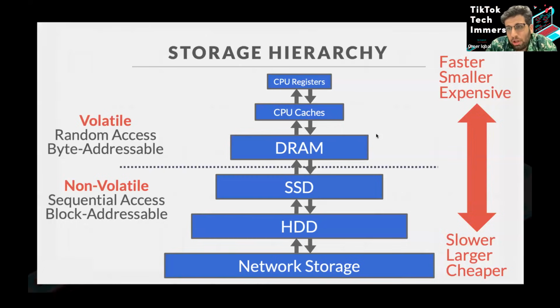Another very key point that people might often miss is that non-volatile storages like HDD, SSD, etc., are normally block addressable. They are not byte addressable. What that means is normally when you fetch things, you'll fetch it in blocks of maybe 4 kilobytes, 16 kilobytes, etc. This is the nature of how this stuff is implemented.